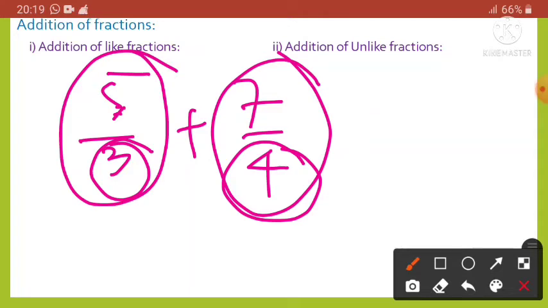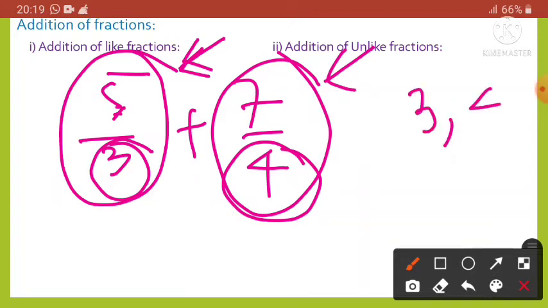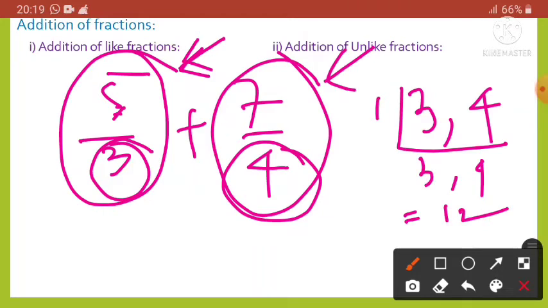So at first we have to make the unlike fractions into like fractions. How can we do this? Already we have learned. We have to find the LCM of the denominators. Here the denominators are 3 and 4. If we find the LCM, the LCM here is 12. Now we have to use this LCM to make unlike fractions into like fractions.